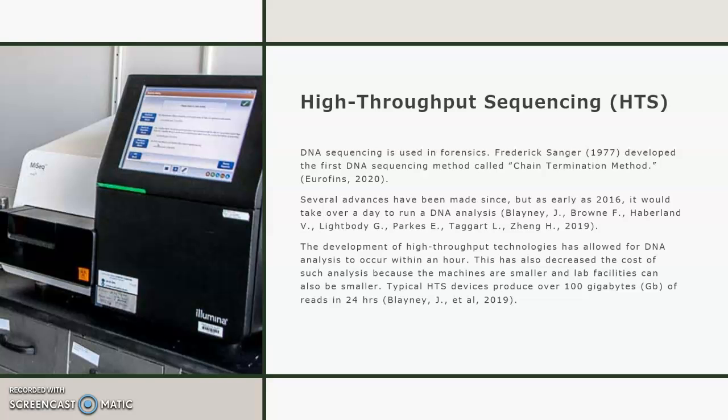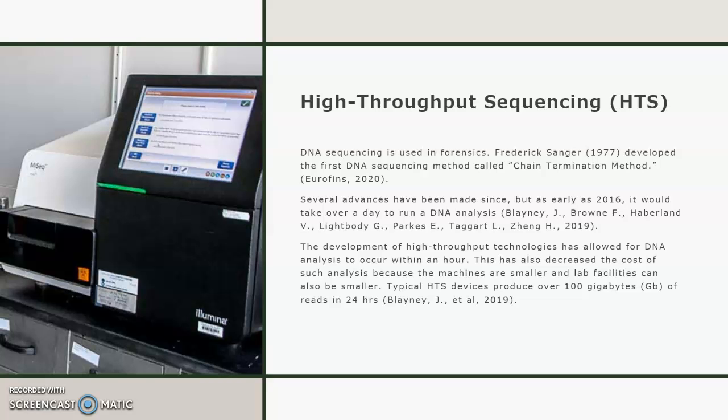After that, there were several advances in DNA analysis, but it would take a long time, and because of that, it would also cost quite a bit of money.